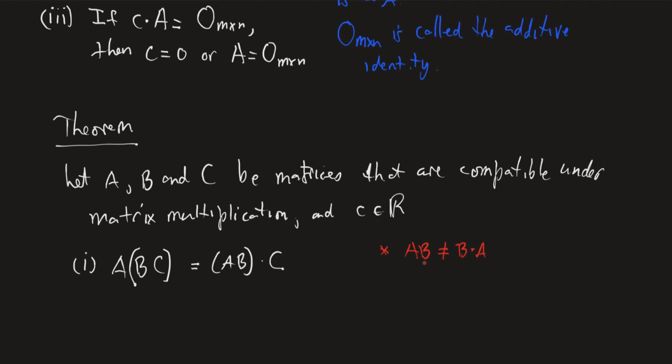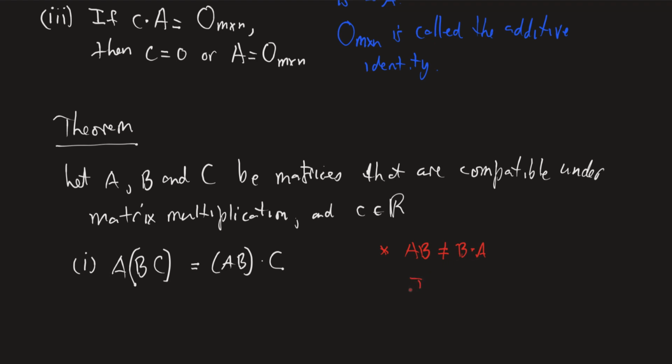Now, there are some special cases where the order doesn't matter. But in general, and we saw examples of this, changing the order of matrix multiplication will completely change the answer, or sometimes one of these might be defined and the other one not defined.